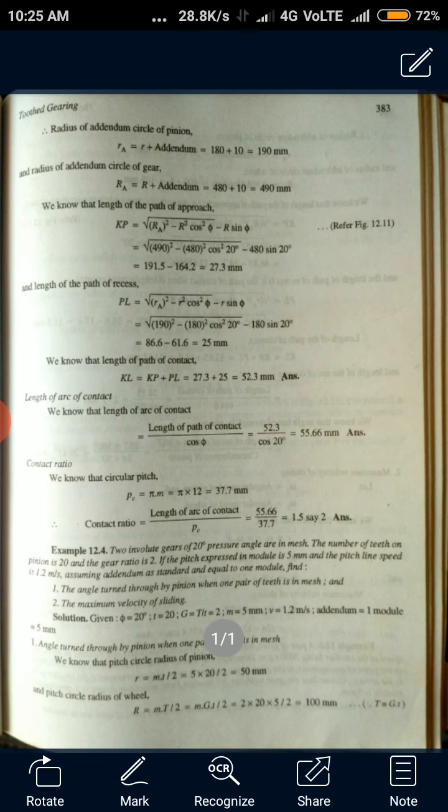See, g equal to what? Capital T by small t, the relation. So in place of capital T you can substitute g into t. g is the gear ratio, already given as 2, and small t is the number of teeth on the pinion, given as 20. So you can get 100 mm for the radius of the pitch circle of the wheel.